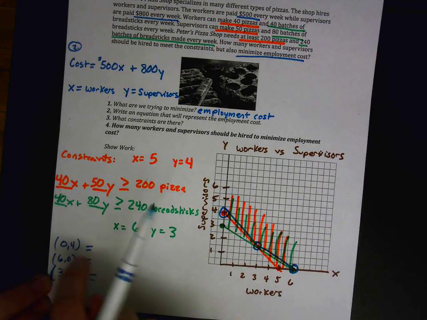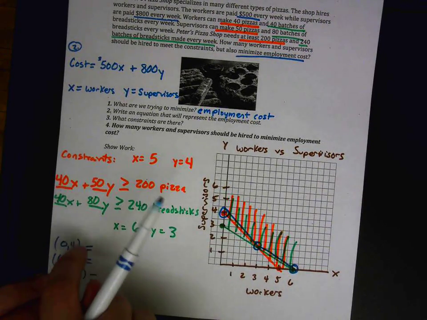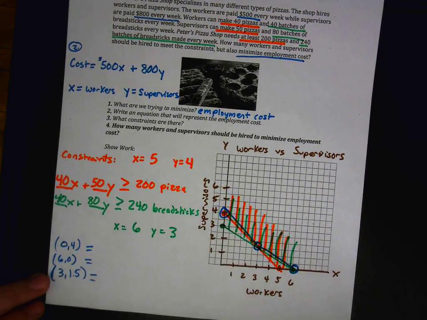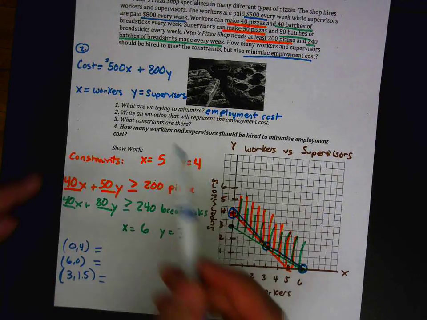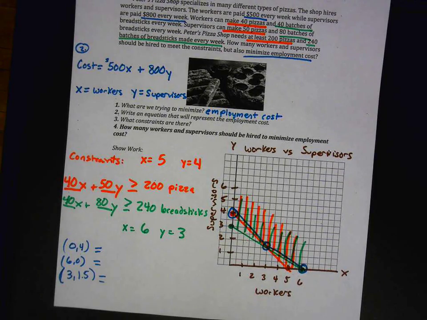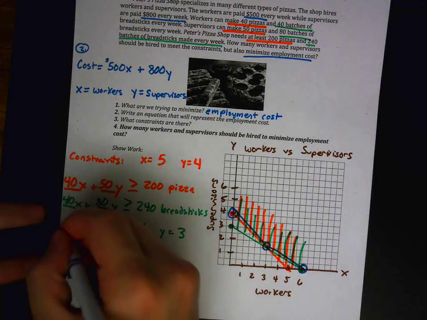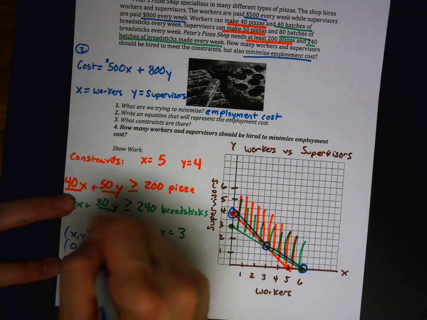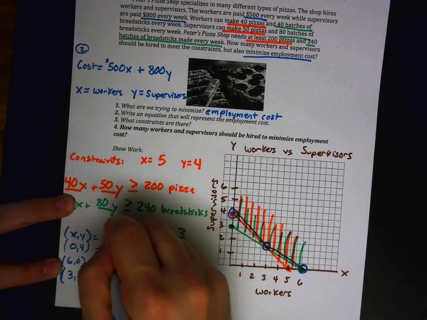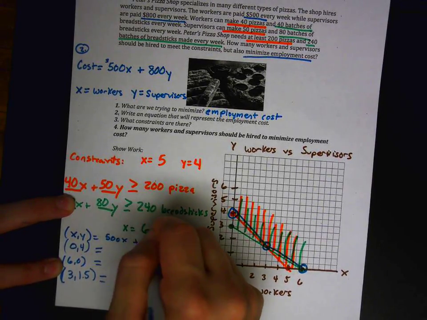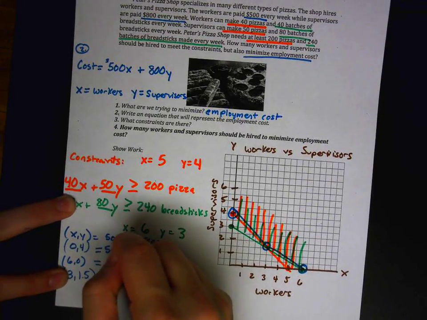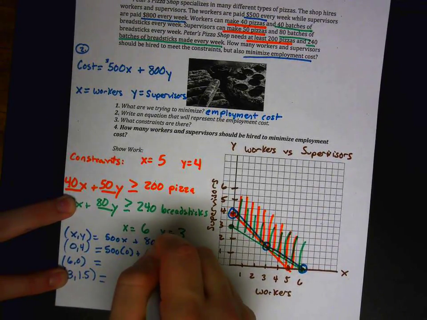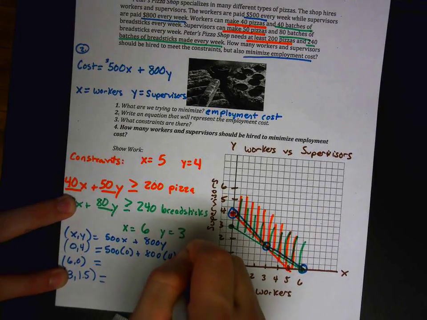To find how much money each of these workers and supervisors would cost, we're going to plug that back into our employment cost. Our employment cost is 500x plus 800y. So we want to plug all these points back into this equation, 500x plus 800y. If I plug in 0 workers and 4 supervisors, it would look like this.